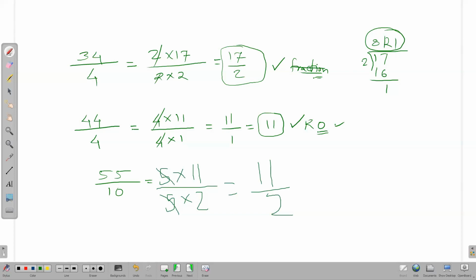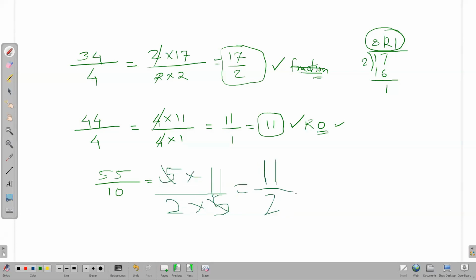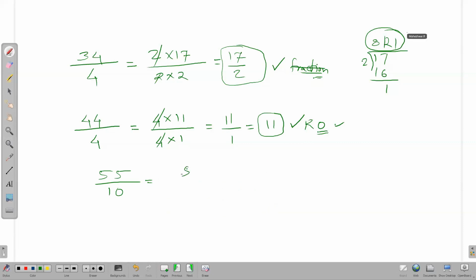Acha is going to write it so that you clear it, so that it will come in the PDF notes. When Acha writes, it comes in the PDF notes. So you got it like 5 into 11 divided by 5 into 2. Then you cut, then you get 11 by 2.